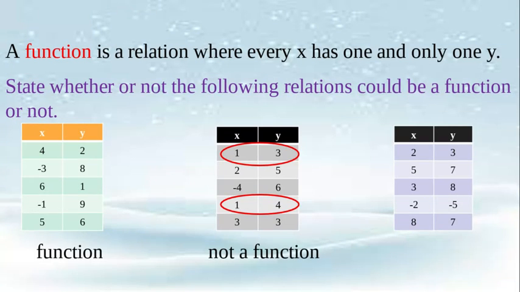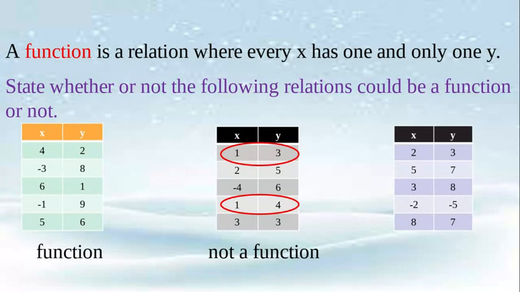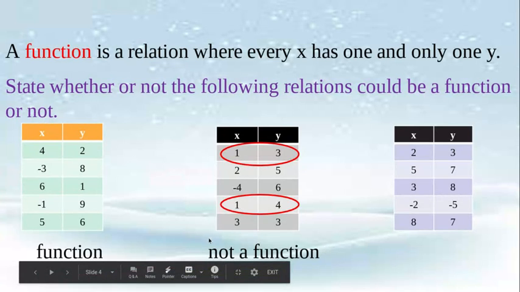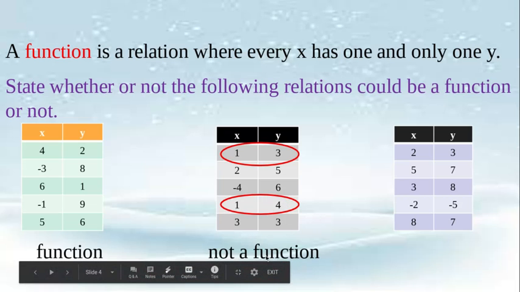You cannot have an x going to two different numbers, which means the shortcut to answering the question would be to just look at the x side and see, do you have any numbers repeating? If you have the same number more than once, then you know it's not a function. Oh, I've got a positive 1 and another positive 1. Not a function. 1 cannot go to 3 and to 4. It is not allowed in order to be a function.